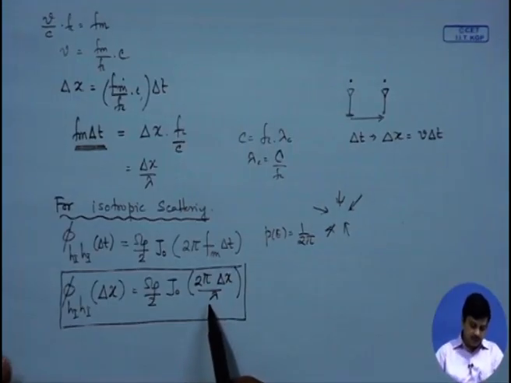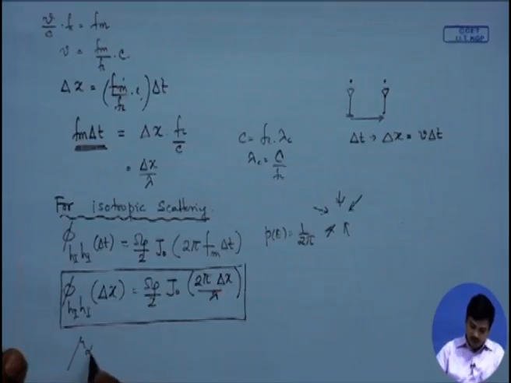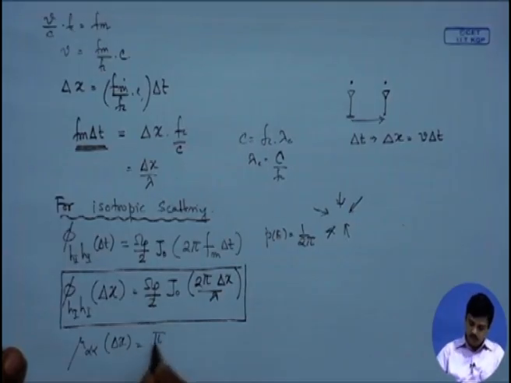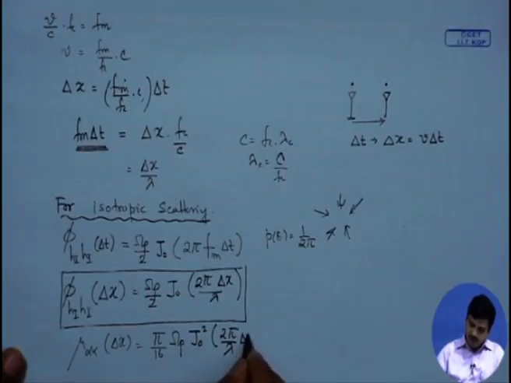This is very important. If you look at the correlation of alpha at delta x, where alpha is the modulus of h of t, that would be pi by 16, which is just a normalizing factor, times omega p J0 squared of 2 pi by lambda delta x.